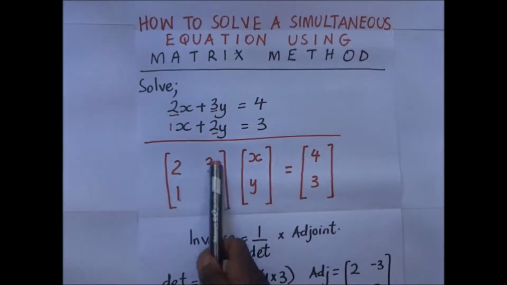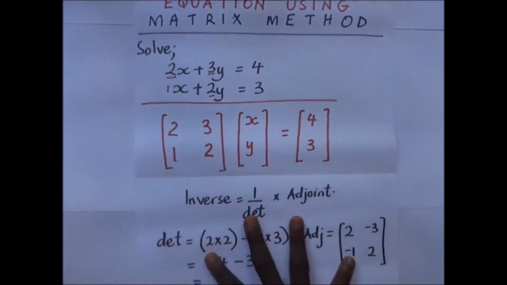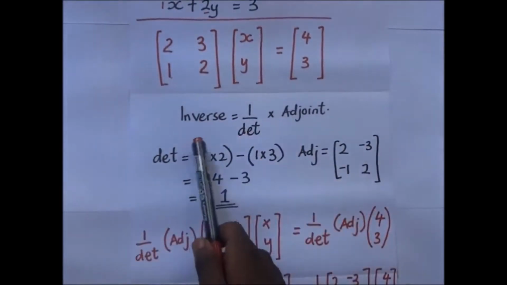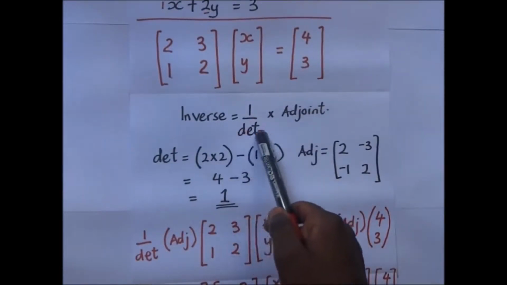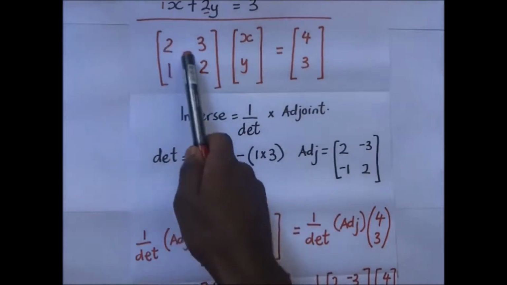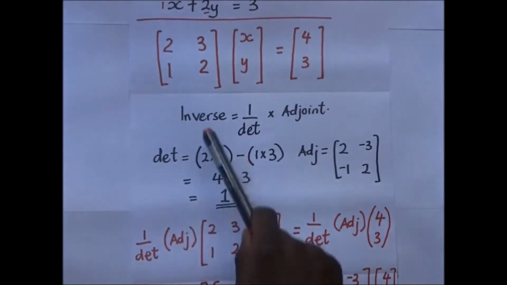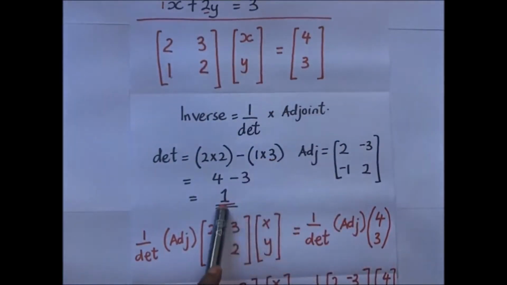So we begin by finding the inverse of this matrix. In our previous videos, we explored in detail how to find the inverse of a matrix. So we all know that the inverse of the matrix is equal to 1 over the determinant times the adjoint. We first get the determinant of this matrix by taking the major diagonal, which is 2 times 2, minus the minor diagonal, which is 3 times 1, to get our determinant as 1.